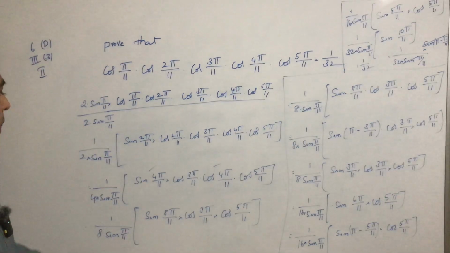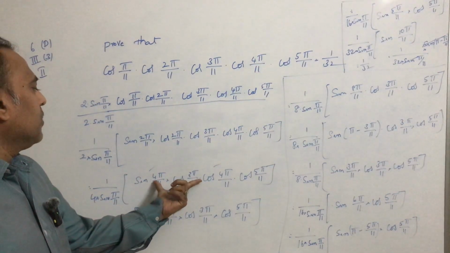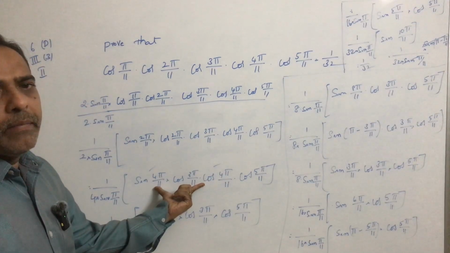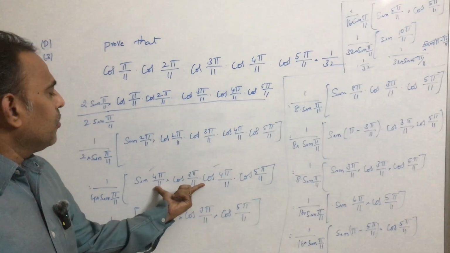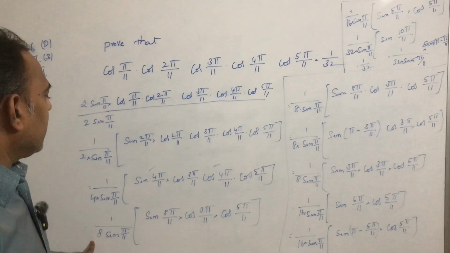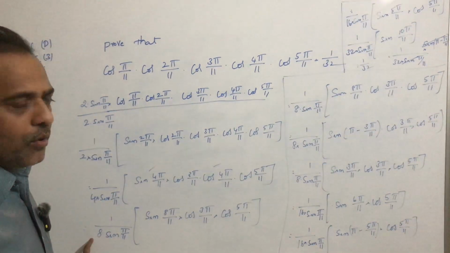Again we need to take these two terms, sin 4 pi by 11 and cos 4 pi by 11. Here 2 is missing, so again we need to multiply numerator as well as denominator with 2.